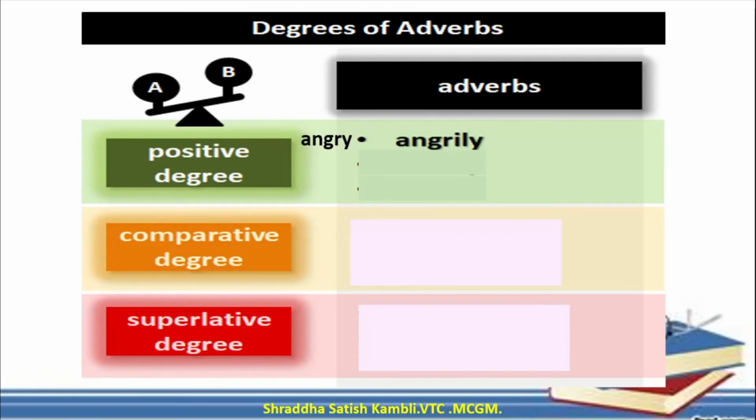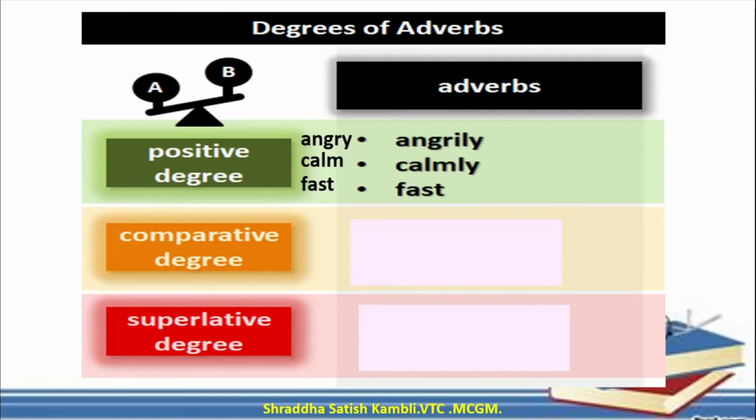Okay, then the word calm in the positive degree will be calmly, and the adverb fast will remain fast. We don't say fastly. So angry will be angrily, calm will become calmly, and fast will remain fast.